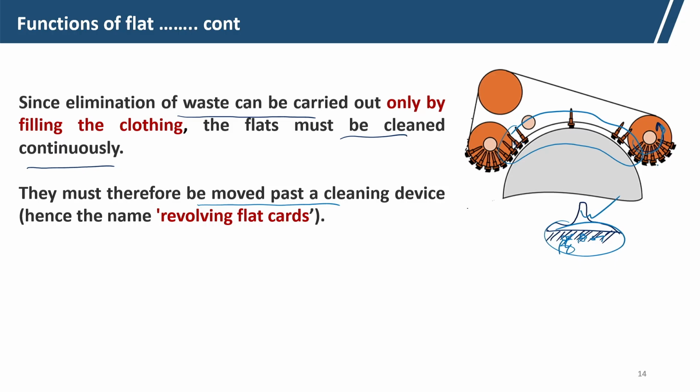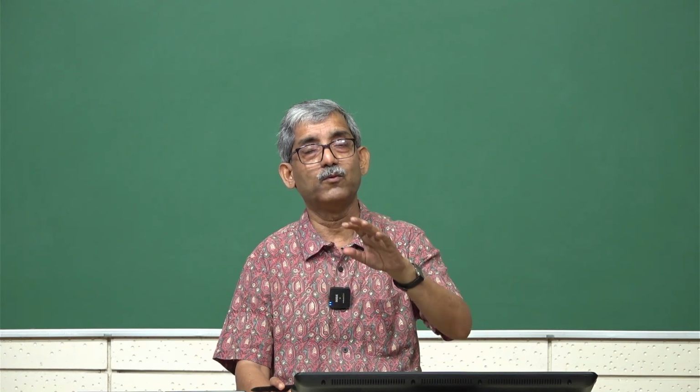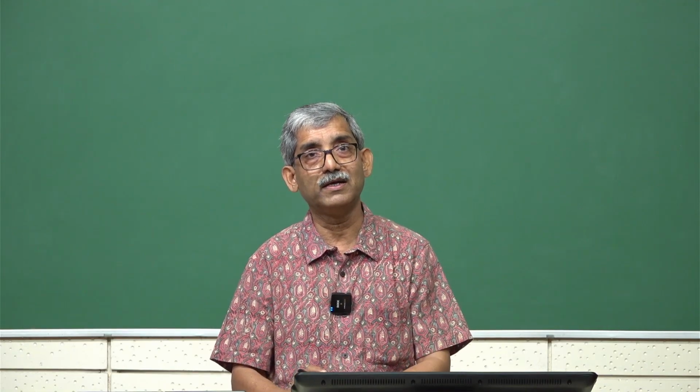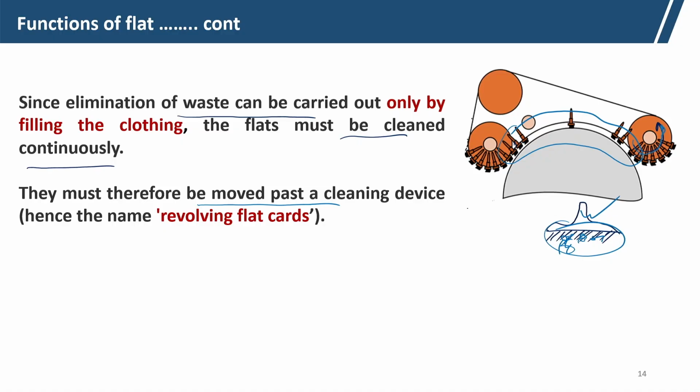If the flat is stationary, initially it will give the carding action exactly the same as the normal carding action, but we need to clean it, because the waste, the short fibers, naps and other waste material like impurities are embedded inside the flat wire points.